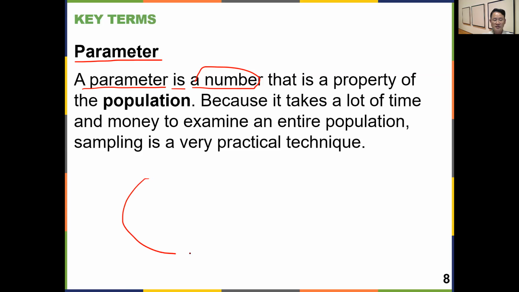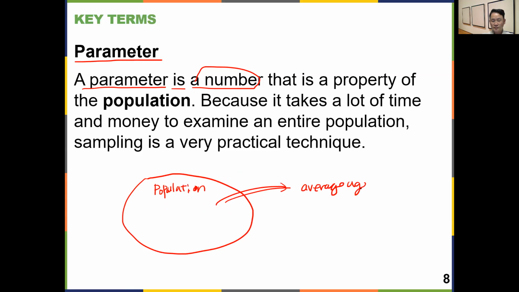Now, let's say this is population. Let's say this is a college student, right? You are studying something about college student in US. Now, let's say you get average age of college student in US.